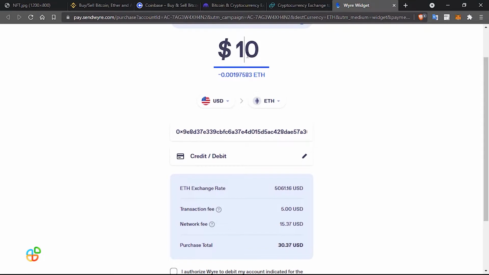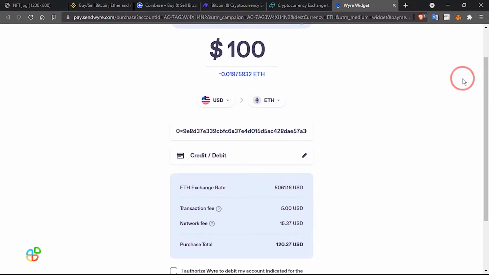When you reduce this down to just $10, your transaction fee is $5 and then you have a network fee of $15.37. However, when you increase this to $100, you can see this is the same range. For $100, you have to pay just $120.37 in the end, so you'll be incrementing by $20.37.